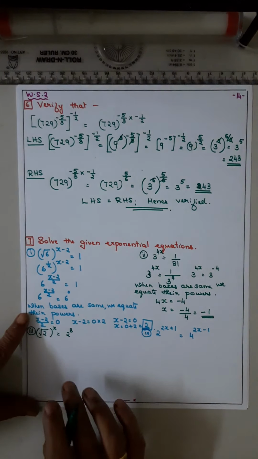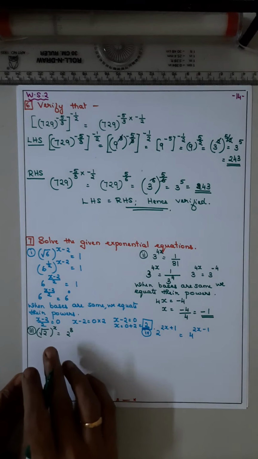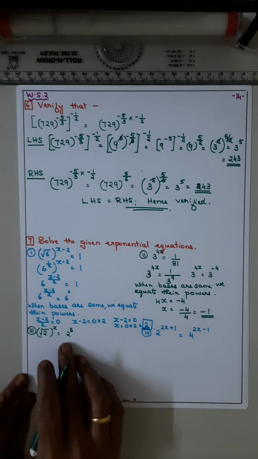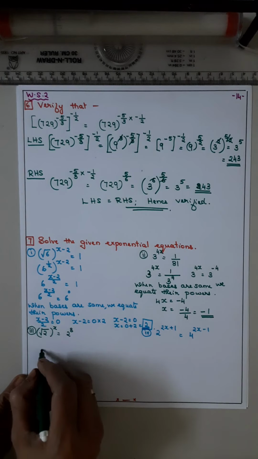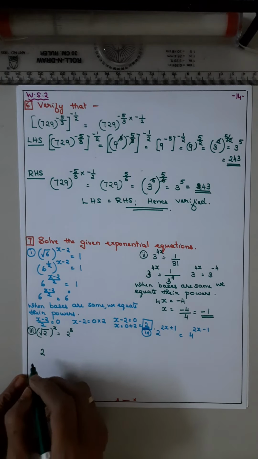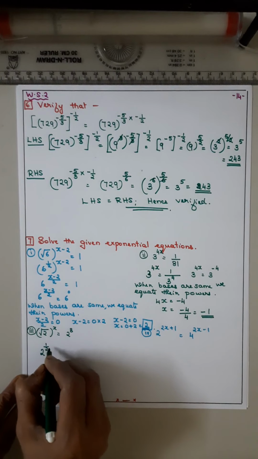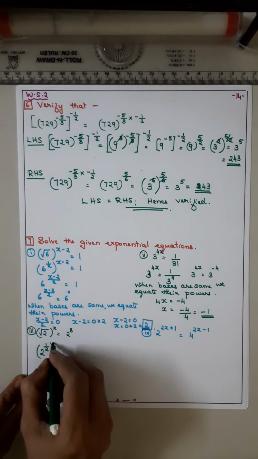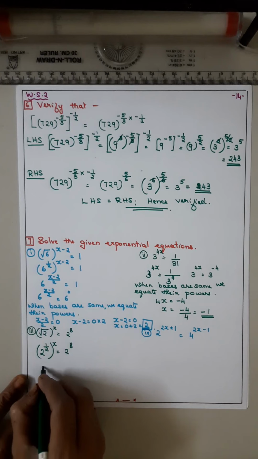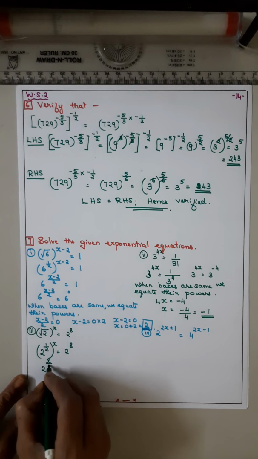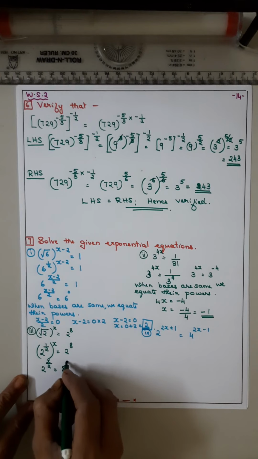Okay. Now coming to the third question. Root 2 raised to power x is equal to 2 to the power 8. Now square root of 2 can be written as 2 to the power 1 by 2, all to the power x, is equal to 2 to the power 8. This becomes 2 to the power x by 2 is equal to 2 to the power 8.